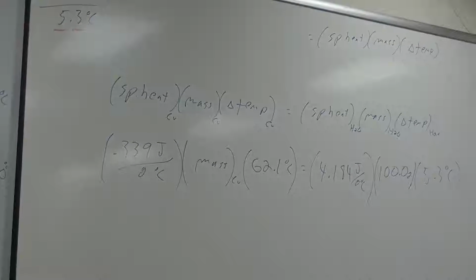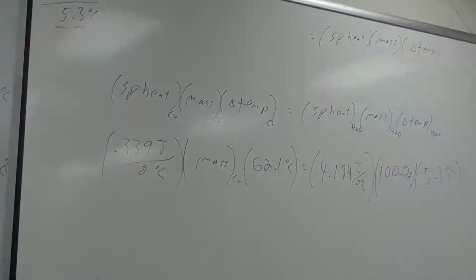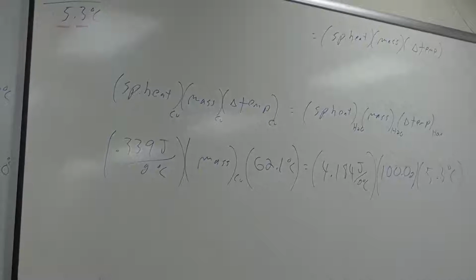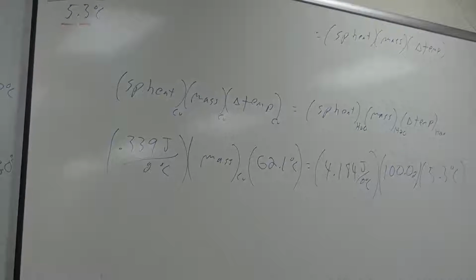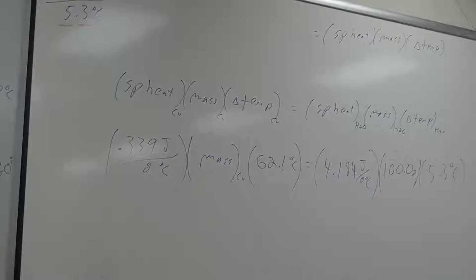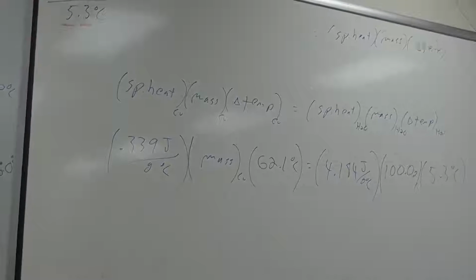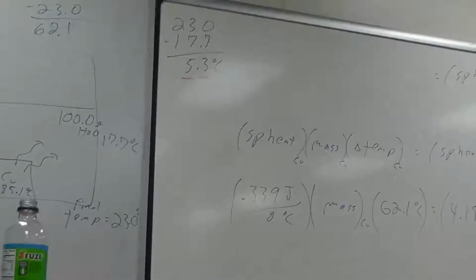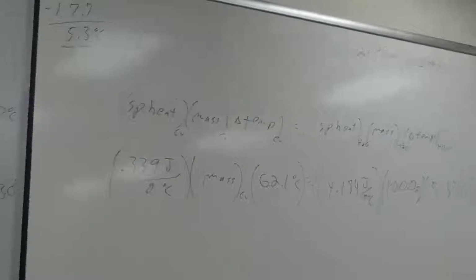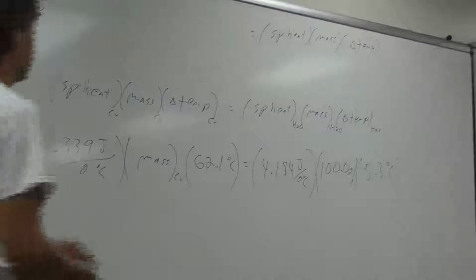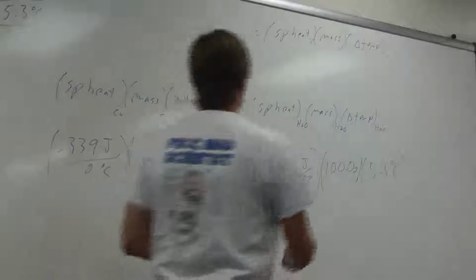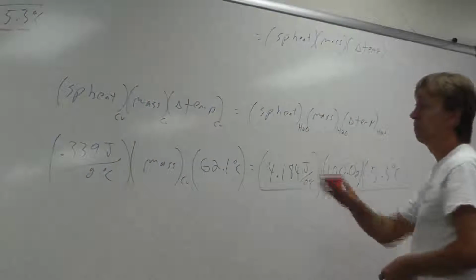You plug things in, you solve through, and it comes up to, with rounding, about 110 grams. Question? What do you do from there? From there, you're solving toward mass. So you've got to get the mass by itself.